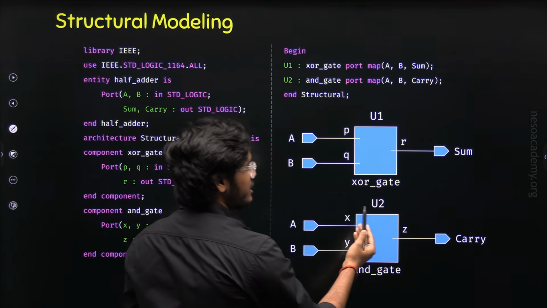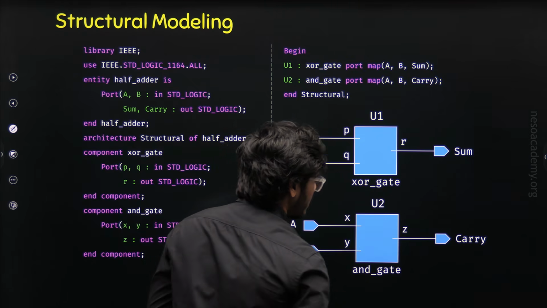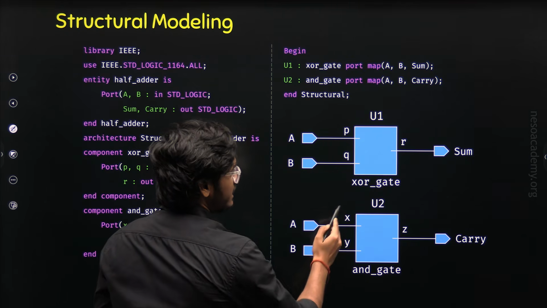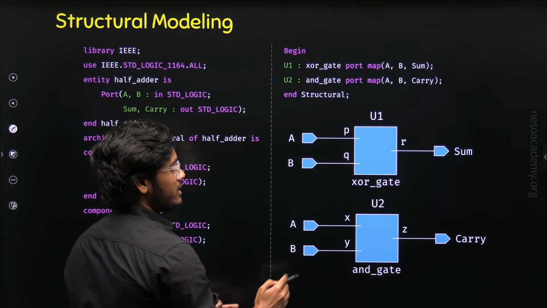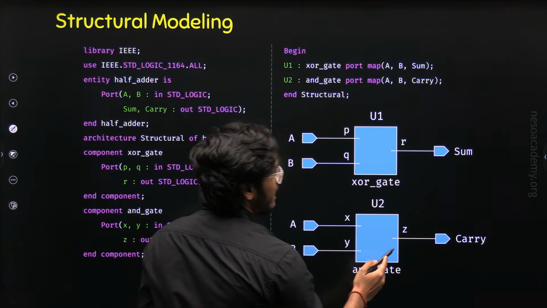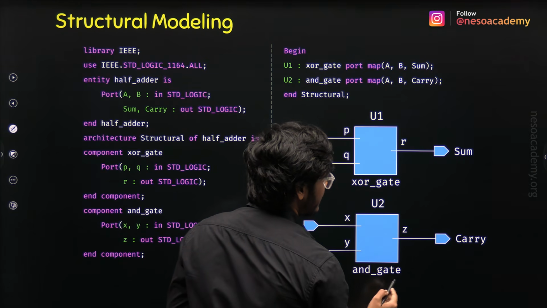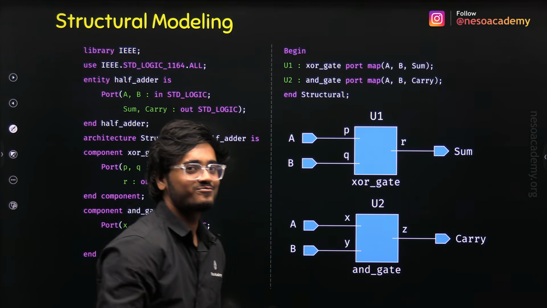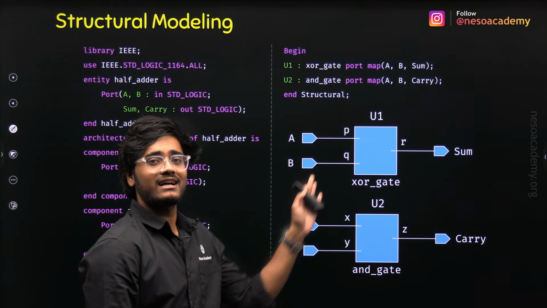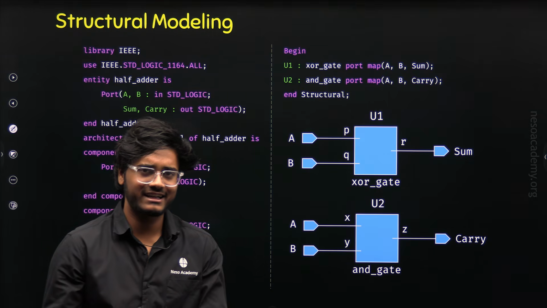Similarly, we have instance U2 for the AND gate, where port map will connect the input ports of the AND gate with the input ports A, B of the half adder, and output port Z of the AND gate with the second output, carry, of the half adder. So, I hope you understand these port map connections.